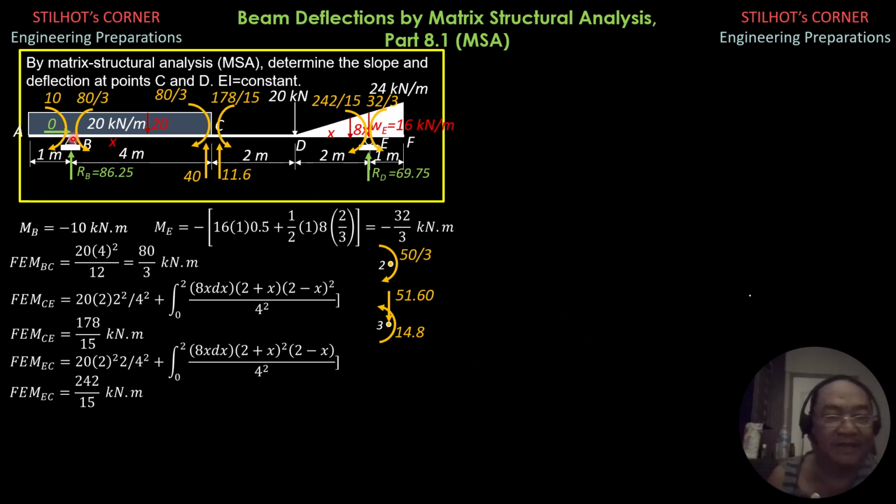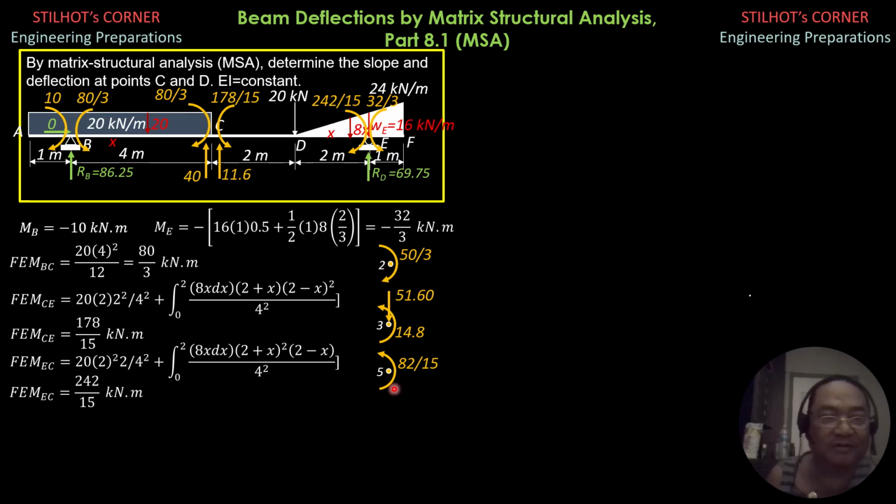There is no deflection or settlement at B due to that force, as well as at E. So it's only the rotation that is important. At 5, 242 over 15 minus 32 over 3 is negative 82 over 15. That's why we have 82 over 15 kilonewton meter at 5 as the loading.